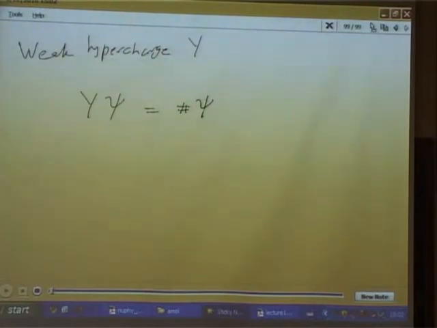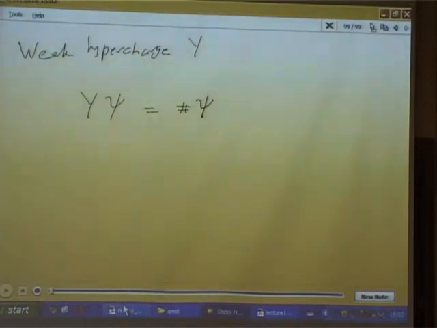All the particles in the Standard Model are eigenstates of Y. So one way of saying that the Lagrangian is invariant also implies that your particles are somehow eigenstates. All our psi's are going to be eigenstates of Y.